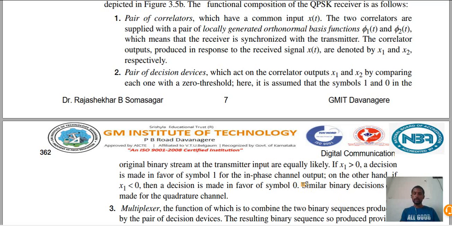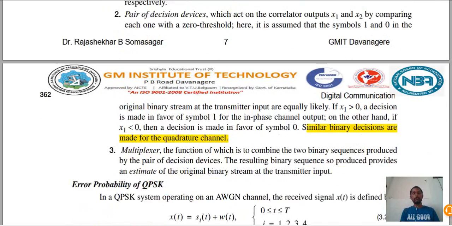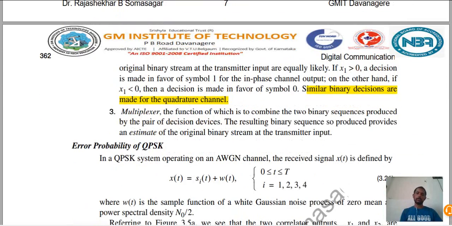Similarly, a binary decision is made on the quadrature channel: if x2 is greater than 0, the decision is made in favor of symbol 1, and if x2 is less than 0, the decision is made in favor of symbol 0. Finally, we apply these decisions to the multiplexer.